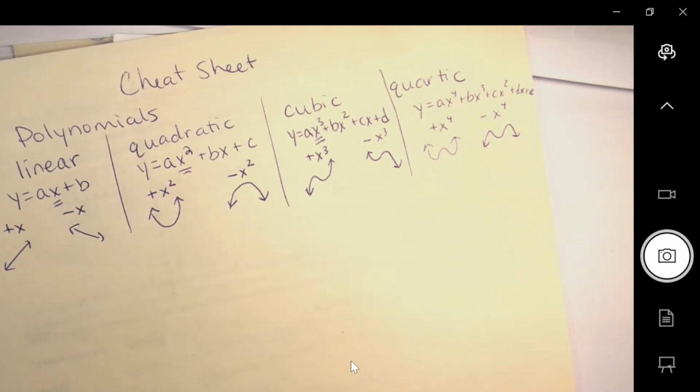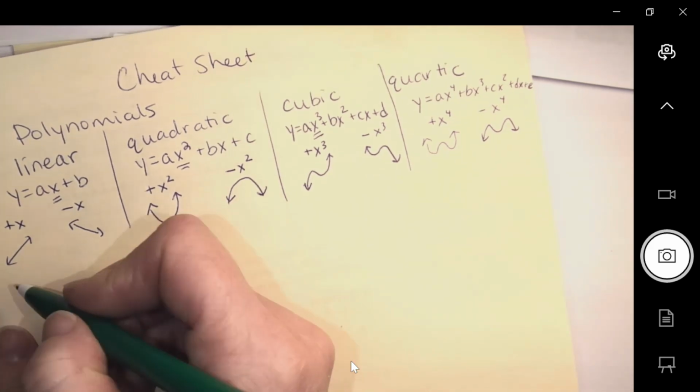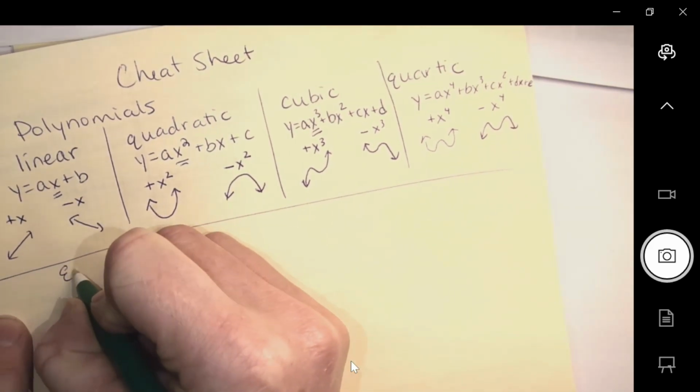Okay, we'll just do all the functions, and then you'll probably also want to write some calculator notes down, right? Some cheat sheet notes about your calculator. Okay, so then we learned exponential.